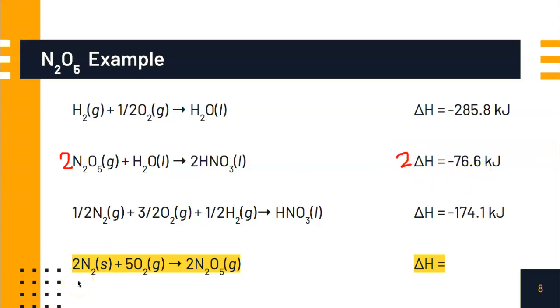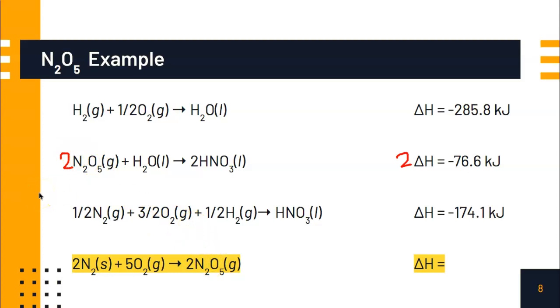However, you will also notice that this dinitrogen pentoxide is on the opposite side of the reaction arrow as our product. We have a reactant and we have a product. So if I were to add them together right now, they would cancel each other out, which is not what we want.